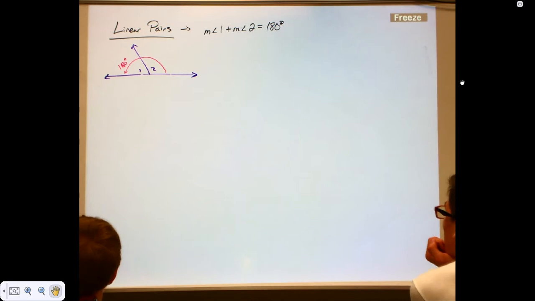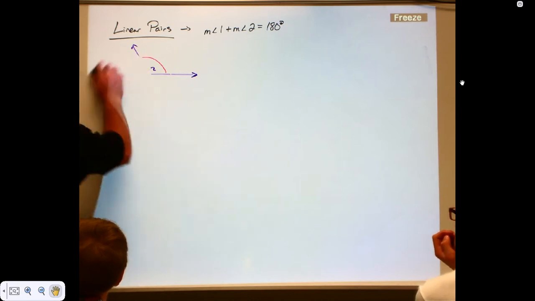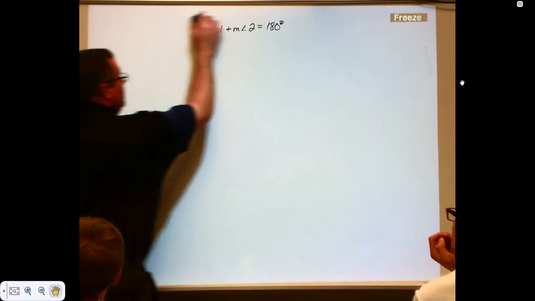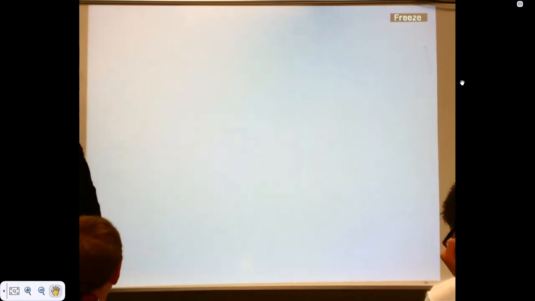The other thing that you can go by how it looks are vertical angles. And another reason why I'm spending extra time on it.